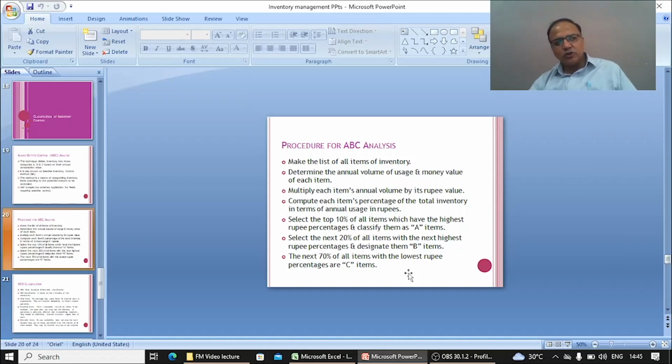So A category means top 10%, B category means next 20%, and C category means remaining 70% of items. Normally, in this classification, we find that most organizations consume 70% of their total money in purchasing 10% of items. Normally they consume 20% money in purchasing 20% of items, and around 10% money is used in purchasing 70% of items. So this is the ABC classification.